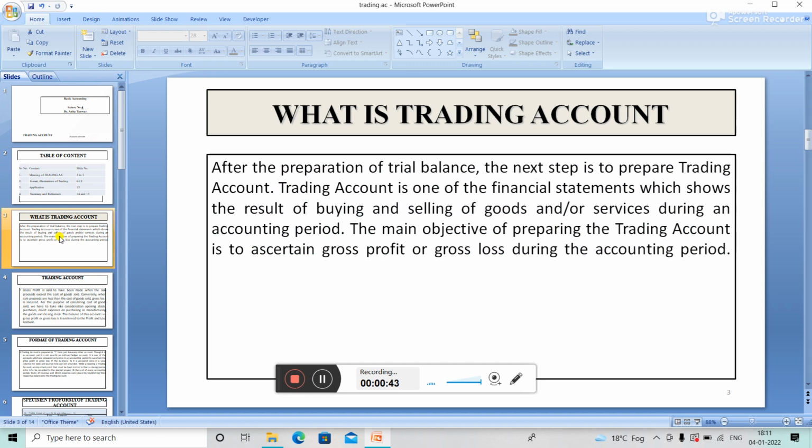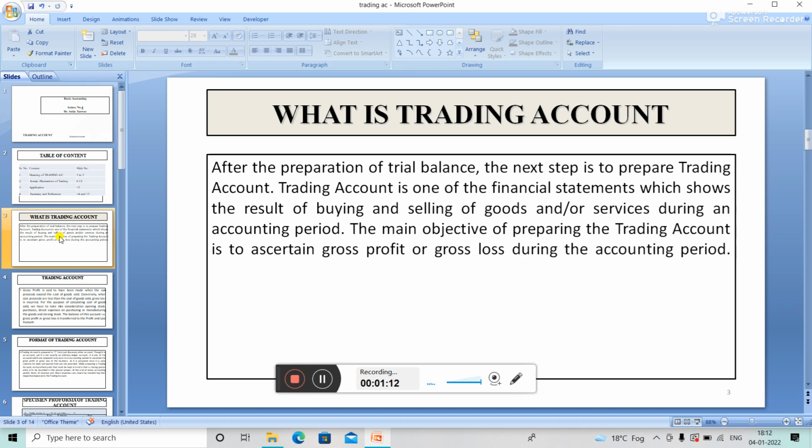Very importantly, when I talk about trading account, it is the account that will provide you information related to the organization: what exactly the expenses they have incurred for the purchases and for the manufacturing, and what exactly the income they have received when they proceeded with the sale.